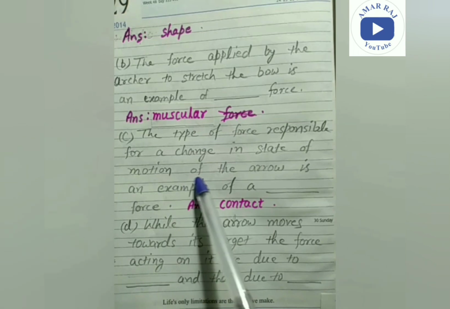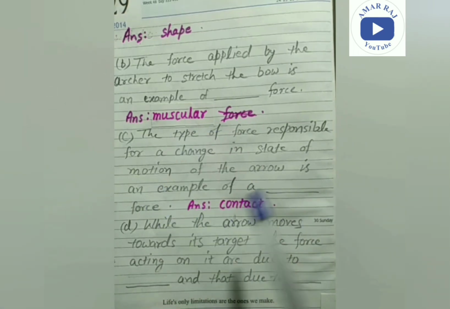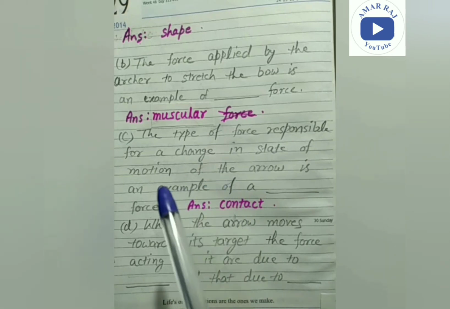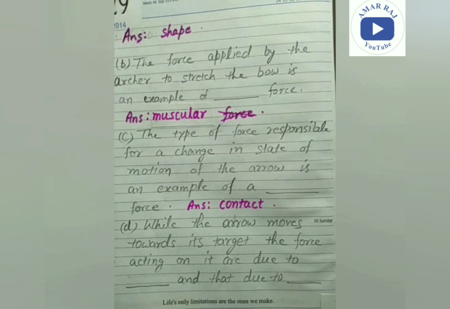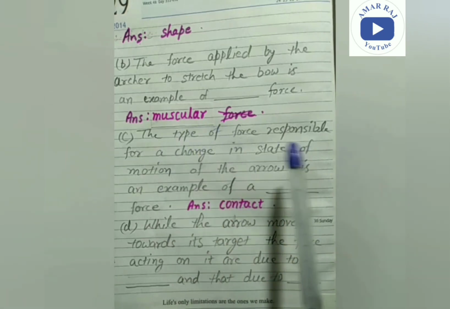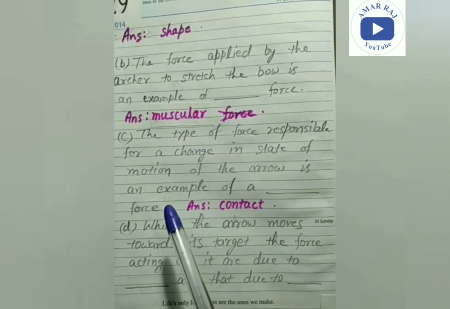Next, the type of force responsible for a change in state of motion of the arrow is an example of a dash force. Here, the force responsible for a change in the state of motion of the arrow is exerted by the string of the bow, obviously, and the string remains in contact with the arrow, so it is a type of contact force.